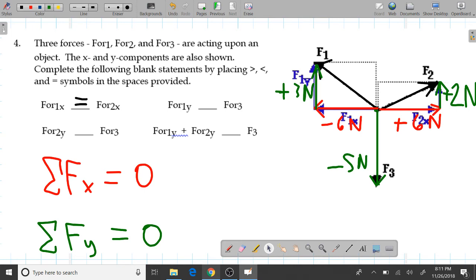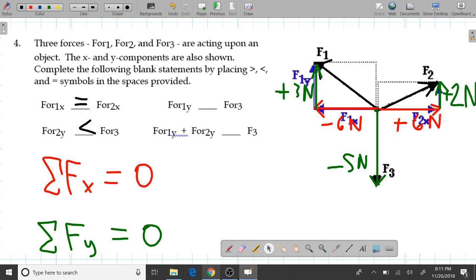So that tells me that this force pulling in the y direction, this positive force acting in the y direction, force 2, must be less than force 3 here, because the magnitude 2 is less than the magnitude 5. So I'm going to put a less than symbol. What about the y component of force 1?